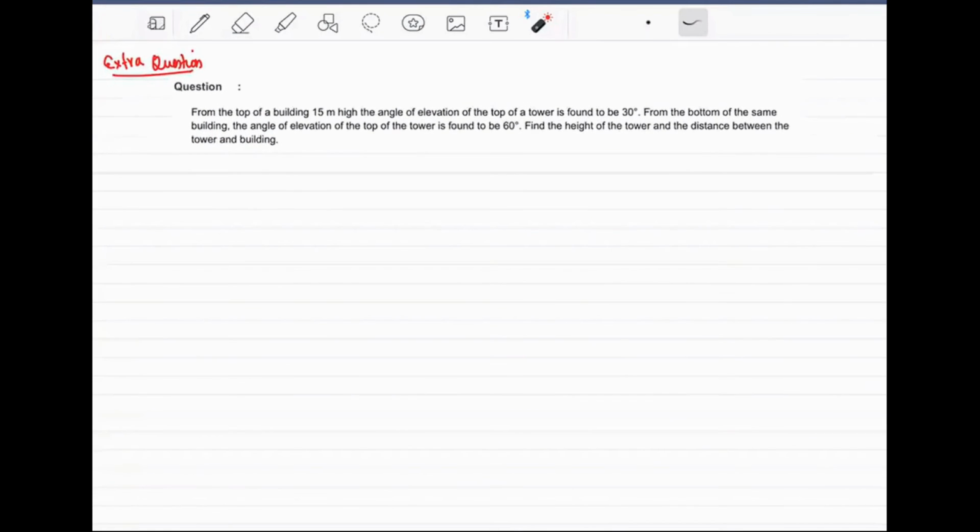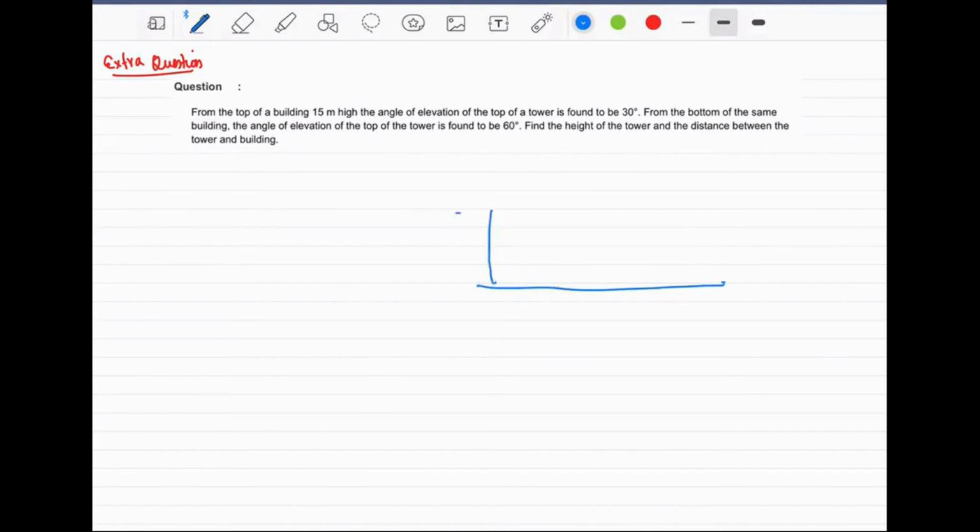The question says, from the top of a building 15-meter high, the angle of elevation of the top of a tower is found to be 30 degrees. So there is a ground and there is a building, and this building is 15-meter high.